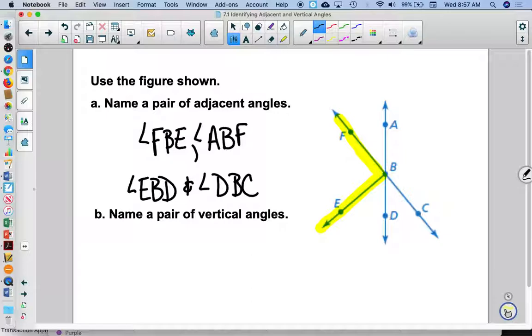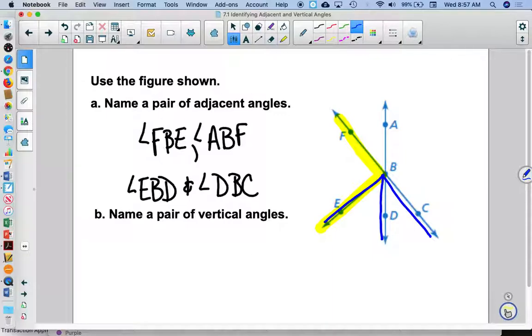Because now she's looking at EBD, which is here, EBD, and DBC. She's saying these two are now adjacent. Okay? Are there any others?